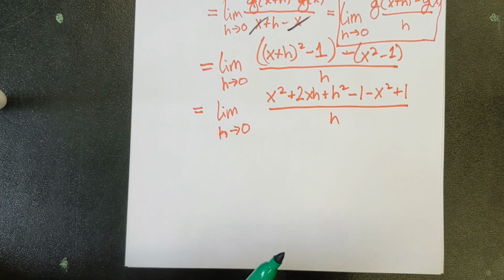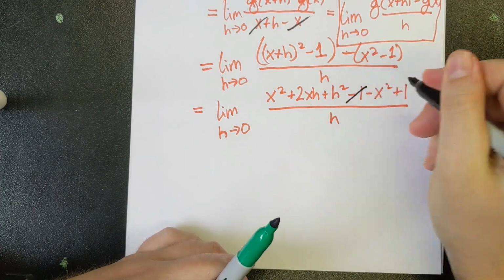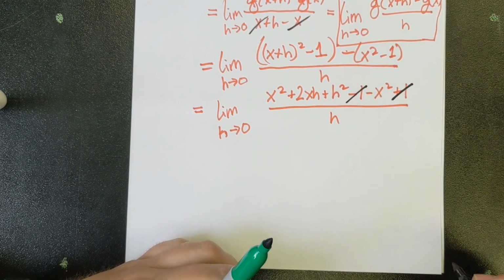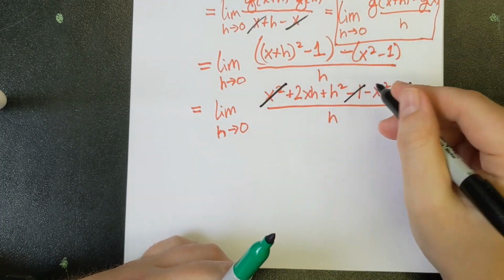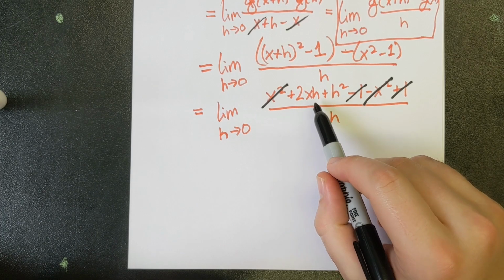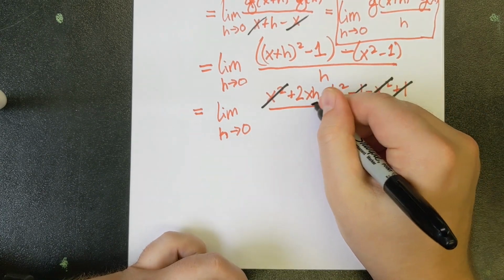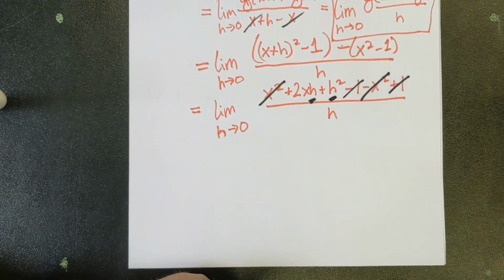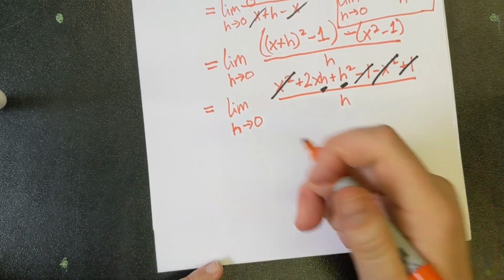There's a few things we can do to make our lives a little bit simpler. The minus 1 and the plus 1 cancel. The x squared and minus x squared cancel, leaving you with just 2xh plus h squared. Notice both of these pieces have an h in it. So we could factor out that h.